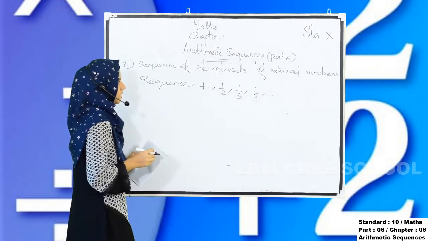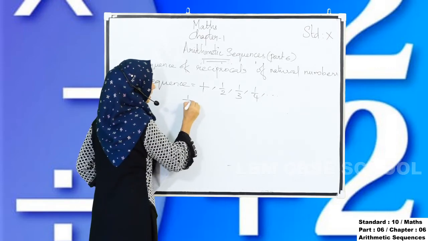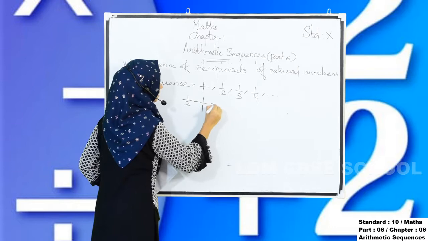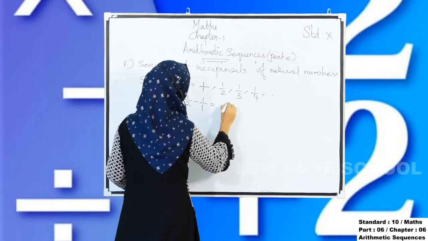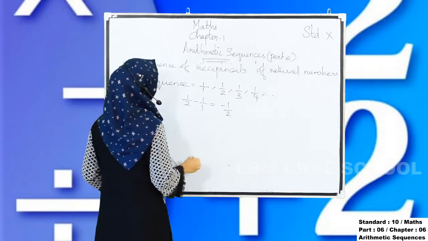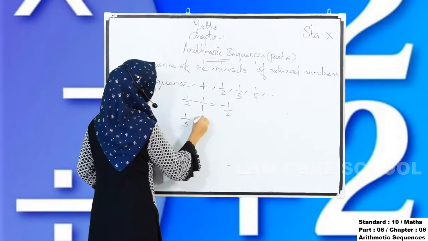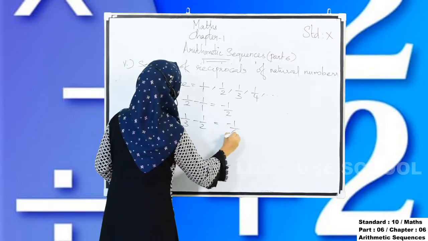Then we want to check whether this is an arithmetic sequence or not. So the second term minus the first term, we will get minus 1 by 2, isn't it? Then 1 by 3 minus 1 by 2, we will get minus 1 by 6.